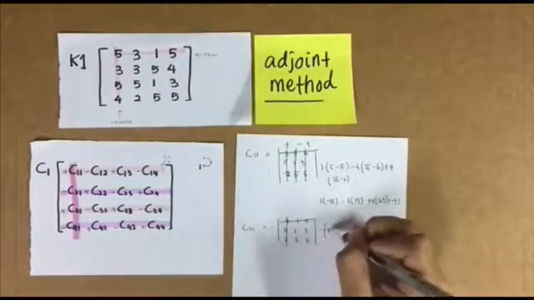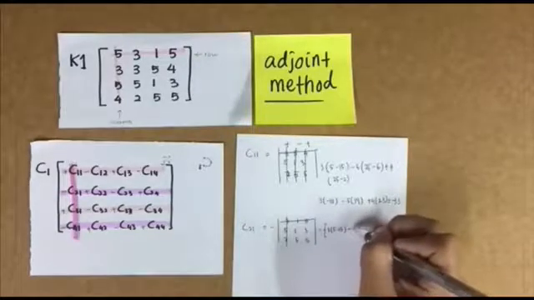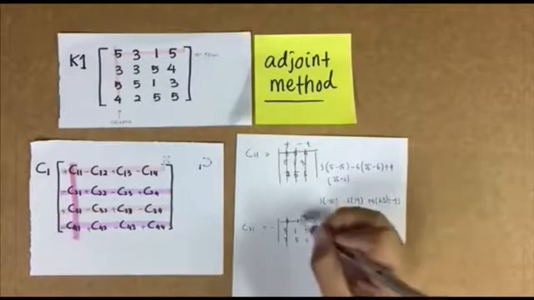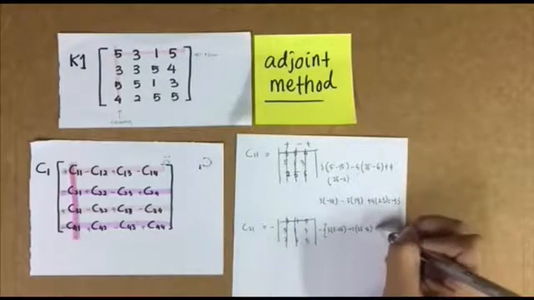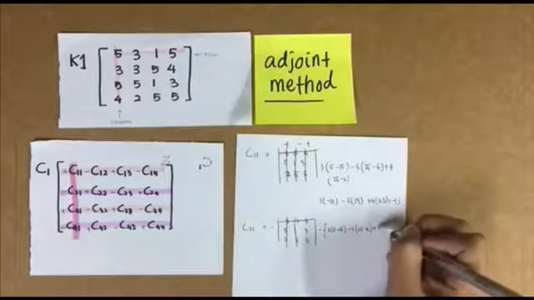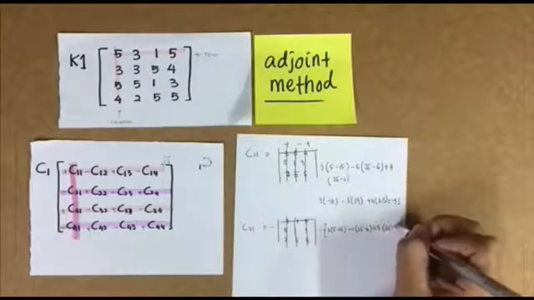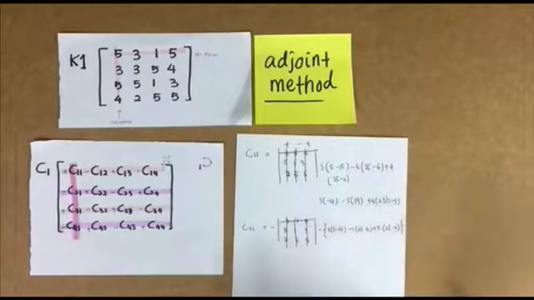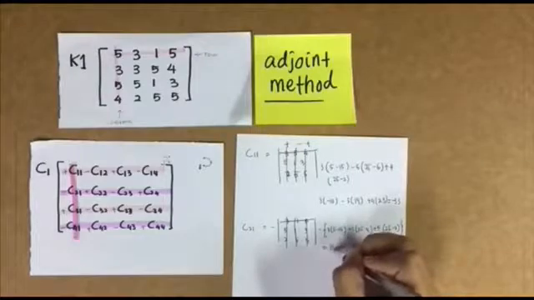Here 3 times 5 minus 15 minus 1 times 25 minus 6 plus 5, 25 minus 2, and close the bracket, and we will get the answer 11.